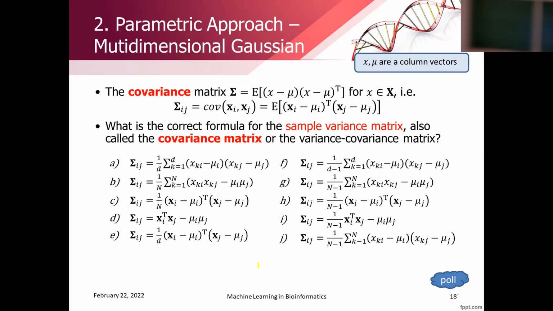So can you rule out some of the formulas? We compute covariance between two columns, i and j. Don't look at this i; now I use i here.